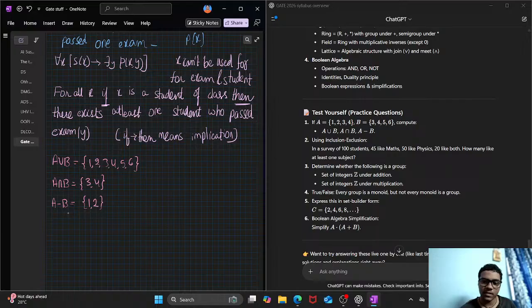Using the inclusion-exclusion principle: 100 students, we have 45 math, 50 physics, and 20 like both. How many like at least one subject?